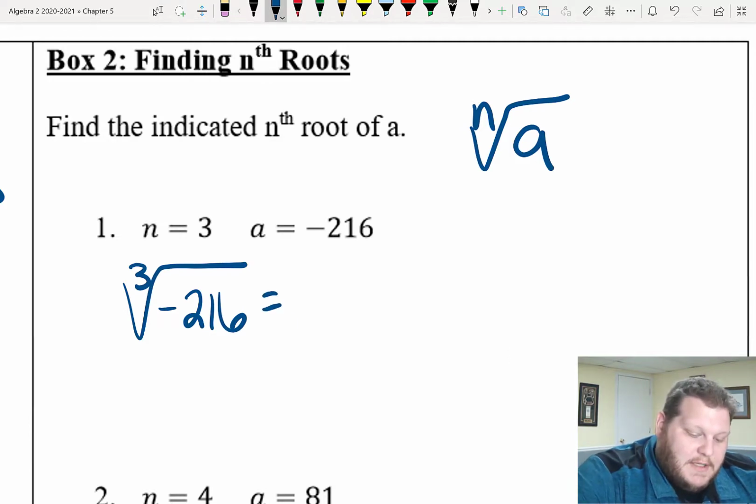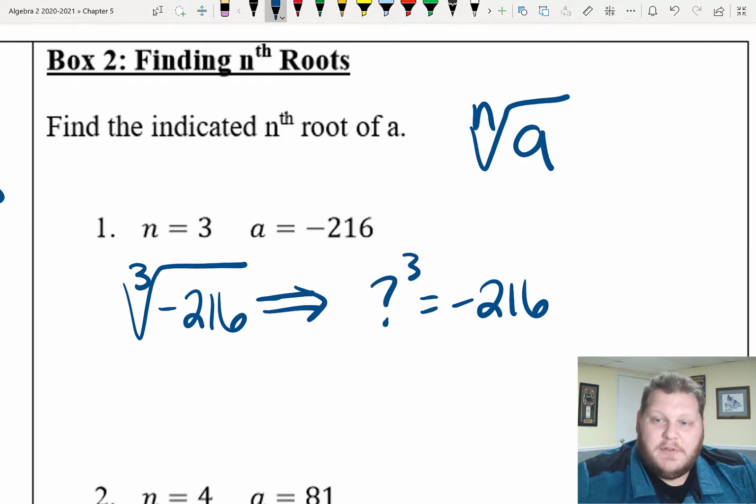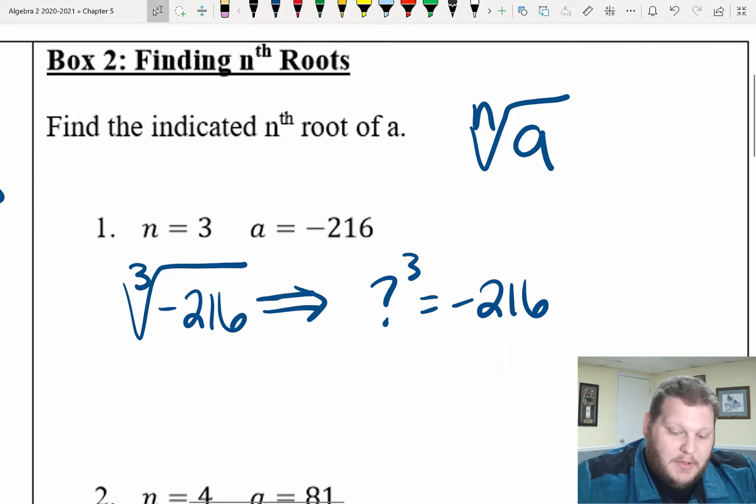This is really asking me, let's do an arrow: what number to the third power equals negative 216? That might be an easy way of thinking about it. You can kind of guess and check. There is a way to type this into the calculator, so I'll go ahead and pull mine up here real quick.